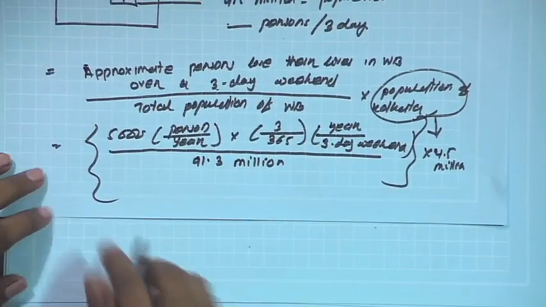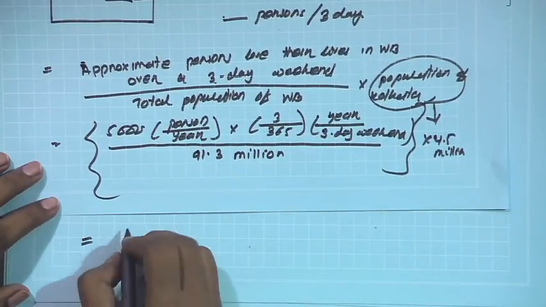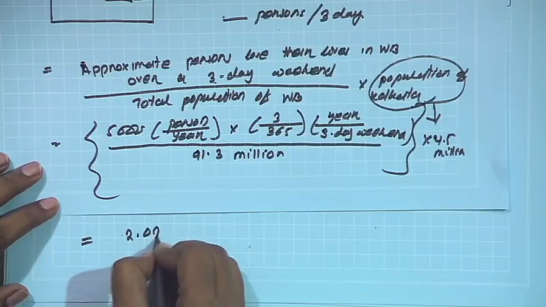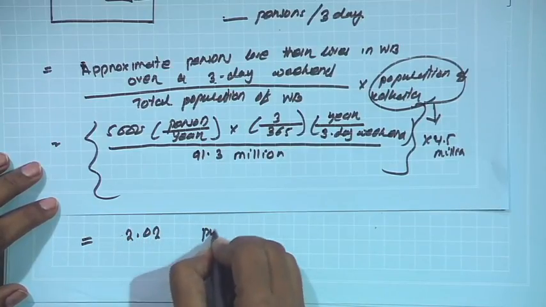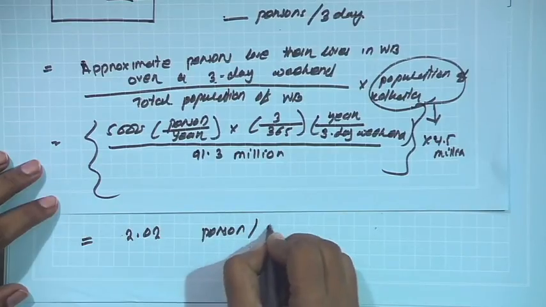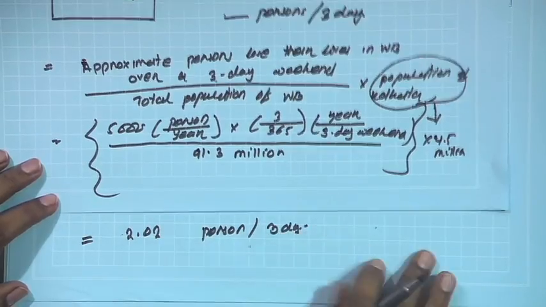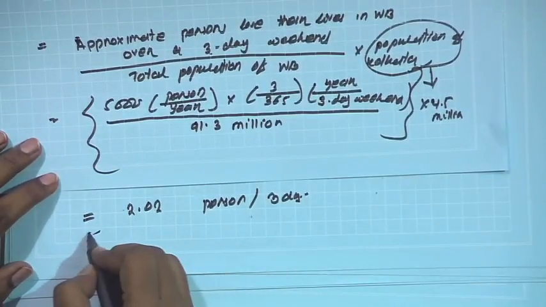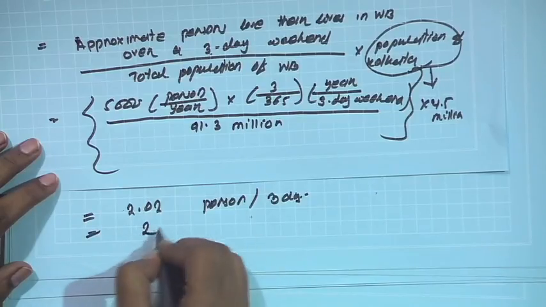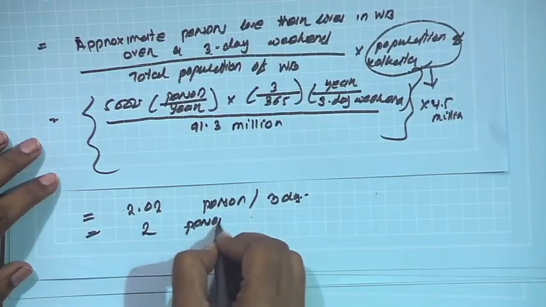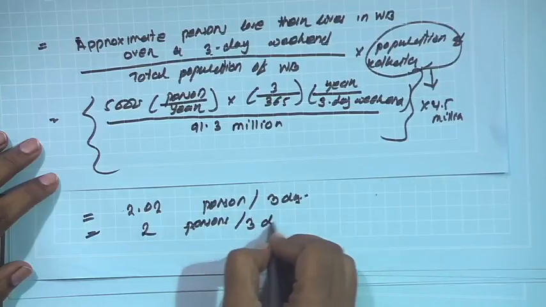So, this will be 2.02 persons per 3 days, but in real life we can't say 2.02, that should be 2 persons per 3-day weekend.